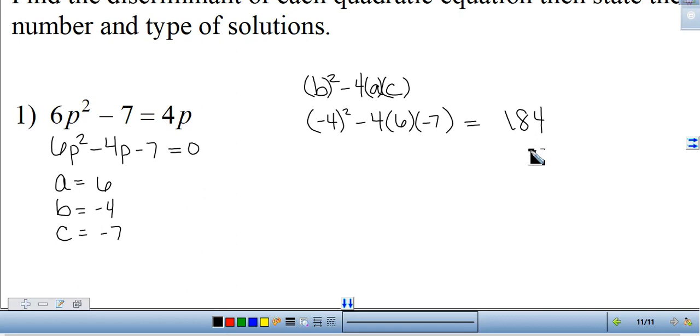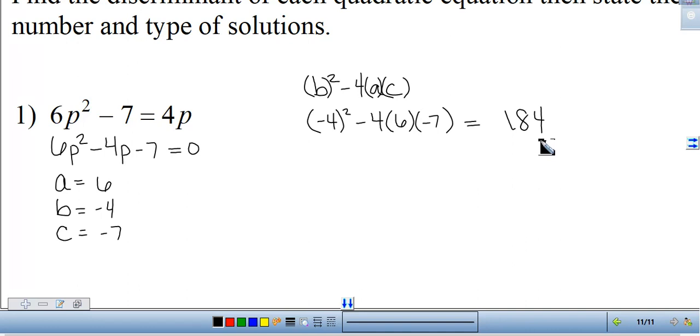So what does that tell me about the number and the type of solutions? Well, if you think about the fact that this is the number that goes underneath the radical in your quadratic formula, this is not a perfect square. And since it's not a perfect square, it's not going to come completely out of the radical, which means a radical will remain in my answer.